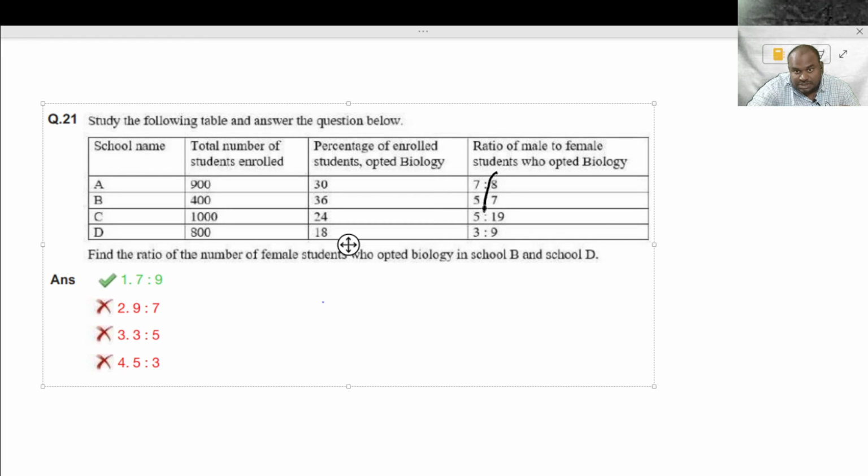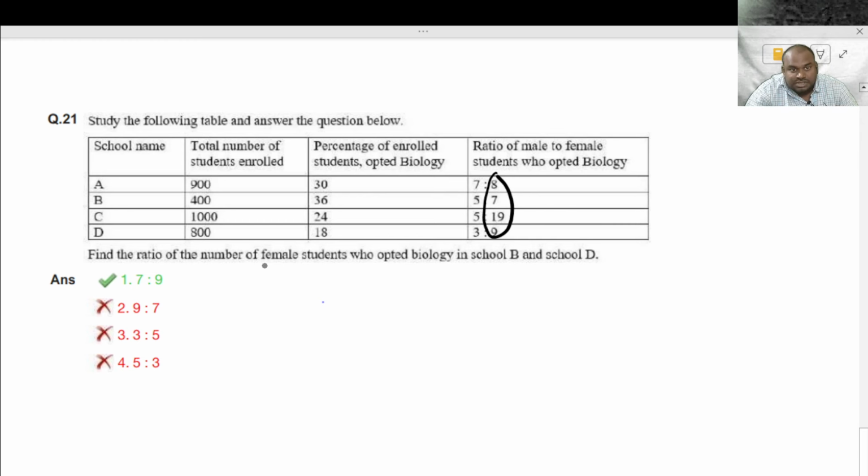So it is asking for school B and school D only. So you need to consider this one and this one, only for females, which are these parts. First we'll calculate.